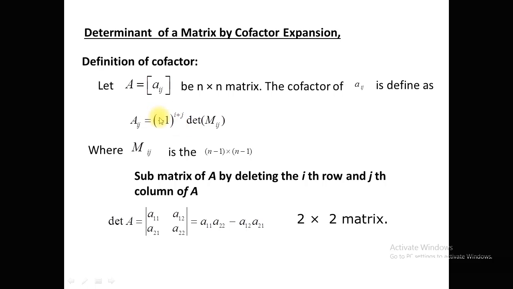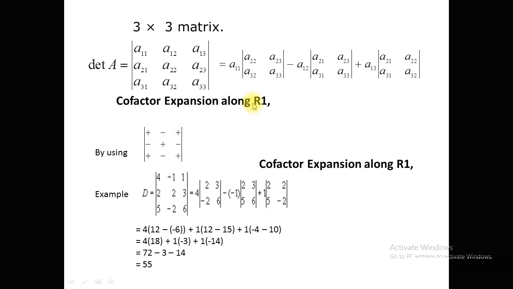So for the second element of the first row, the minor matrix symbol will be negative. For a13, delete the first row and third column, and the new minor matrix will be a21, a22, a31 and a32, and the result will be positive.